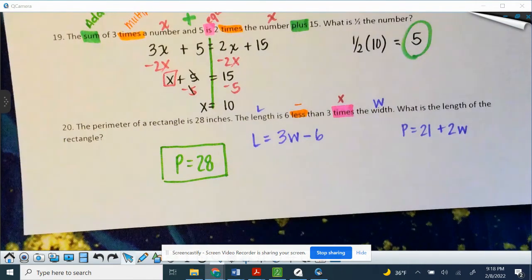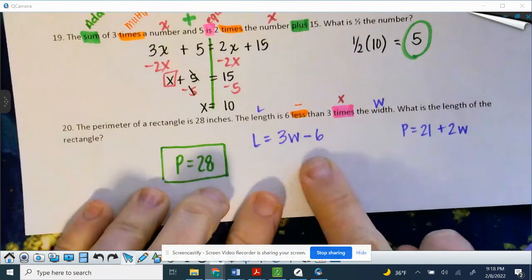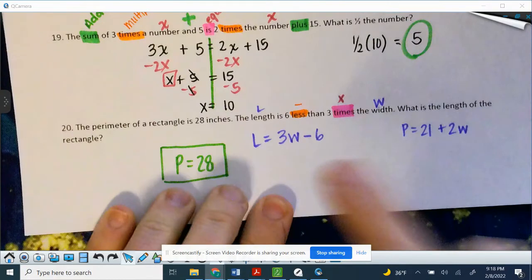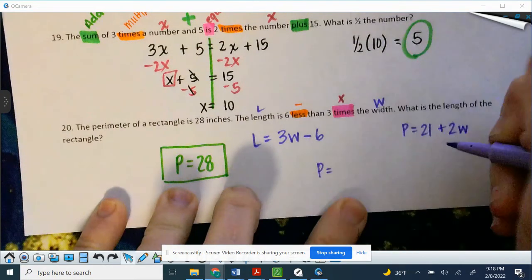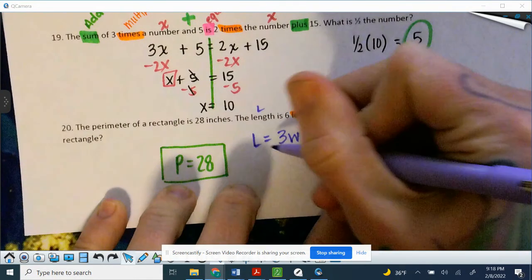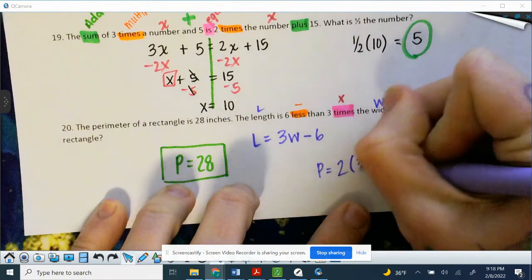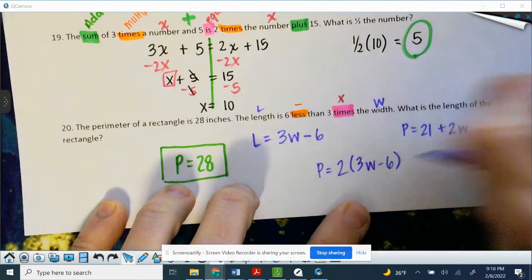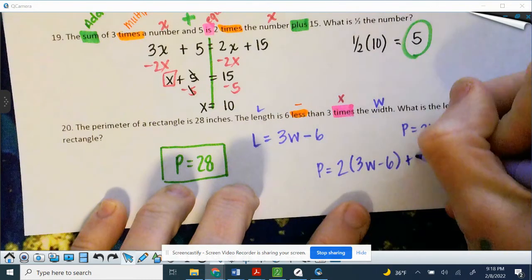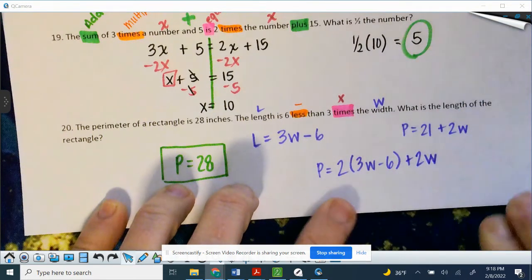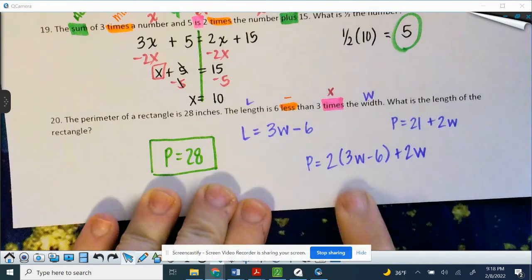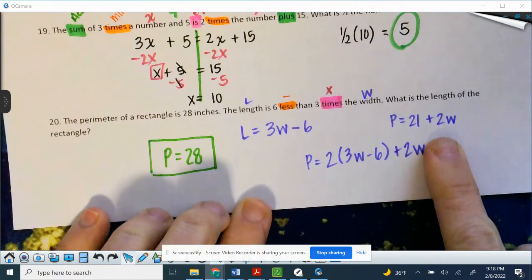So we're going to substitute this in. So perimeter equals 2 times L, and if L is equal to 3 times the width minus 6, it's going to be 3 times the width minus 6 plus 2W. So we just plugged in what it told us into the equation for perimeter that hopefully we know.